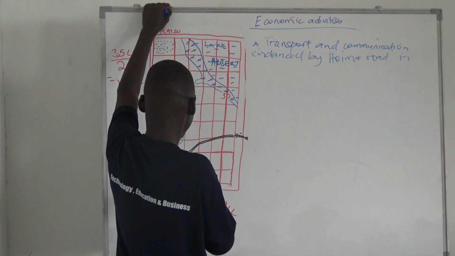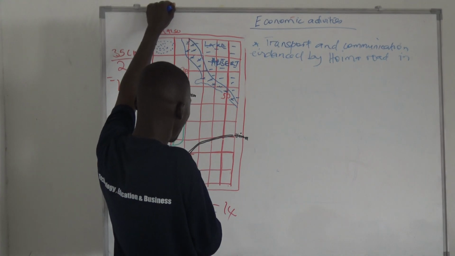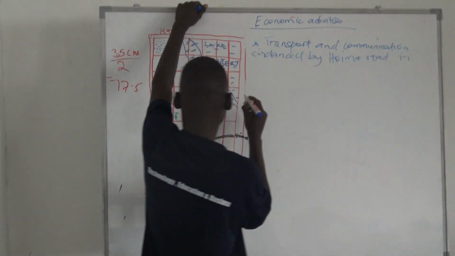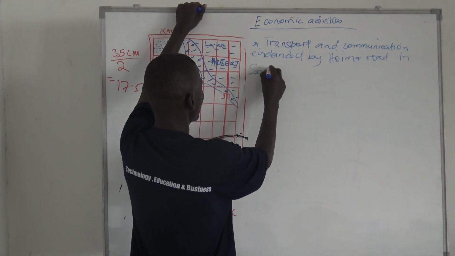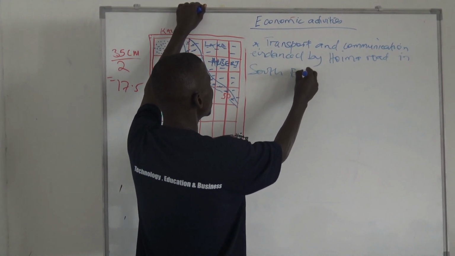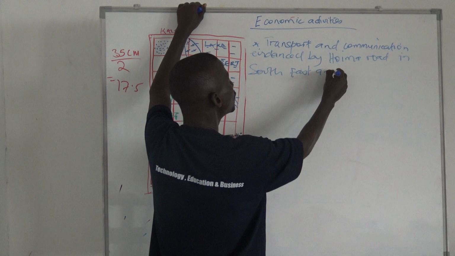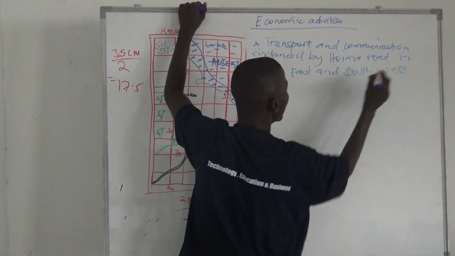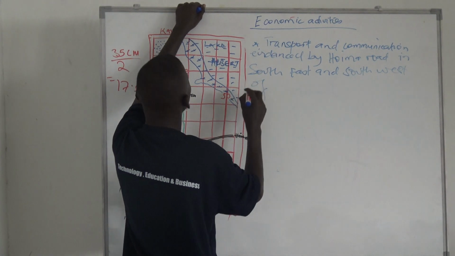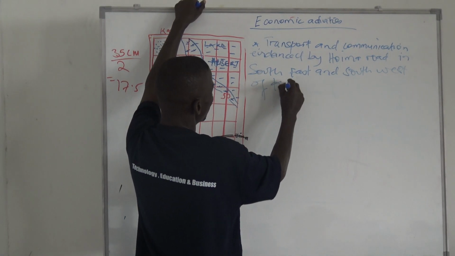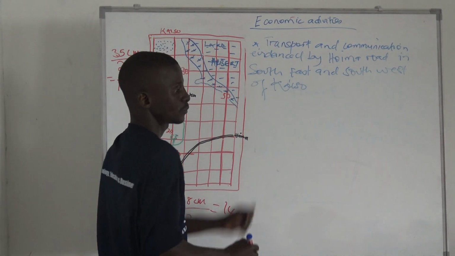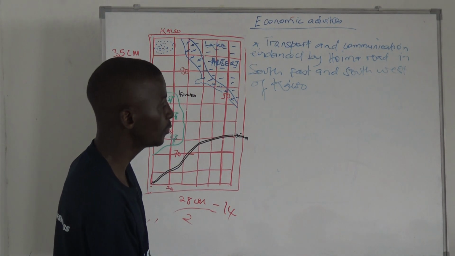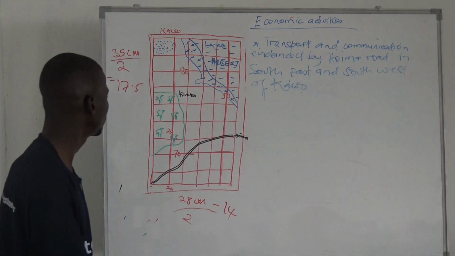It is found in the southeast and southwest of KAISO.